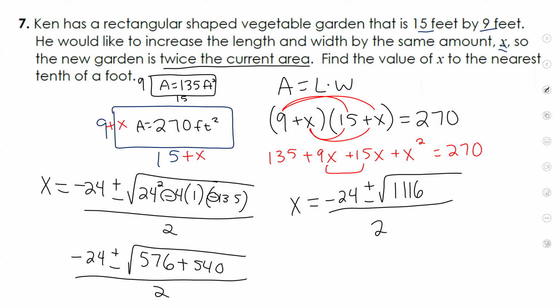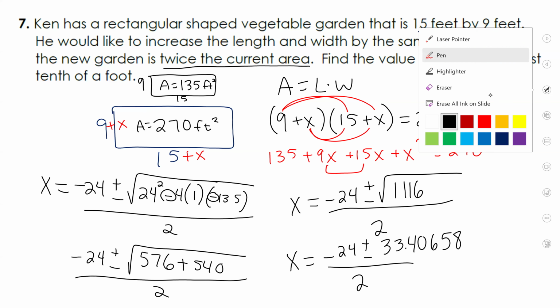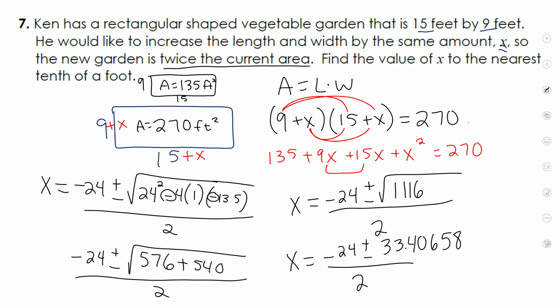Let me know what you get. All right, guys, so we want the positive answer. So do -24 plus 33 point, all of those numbers, and then divide it by 2.